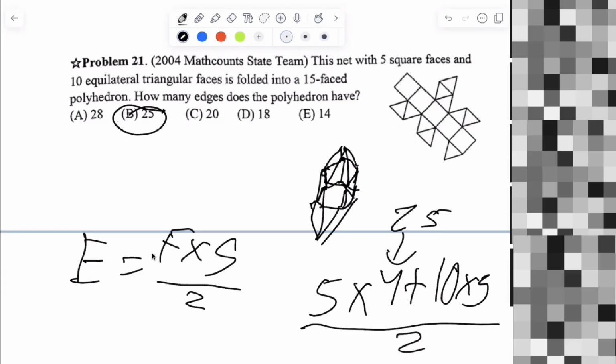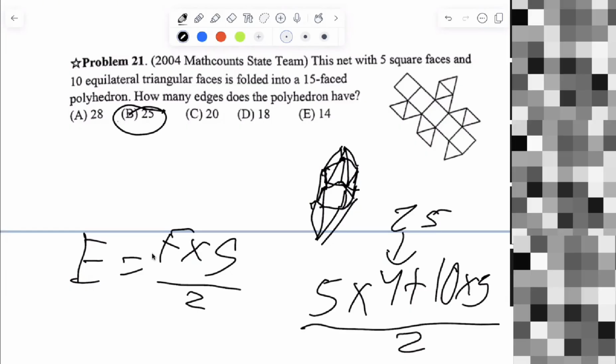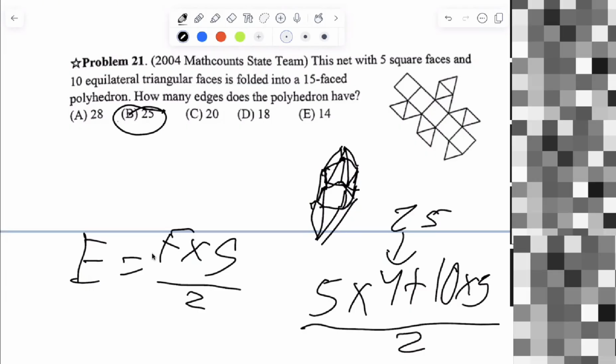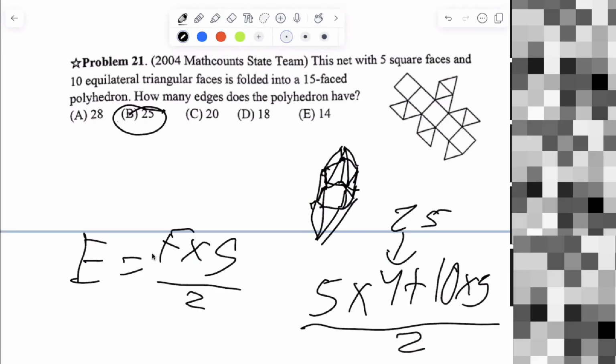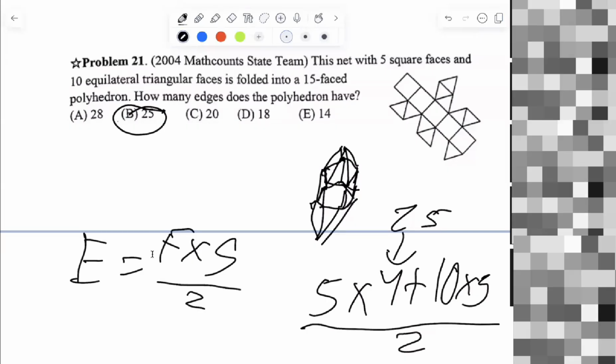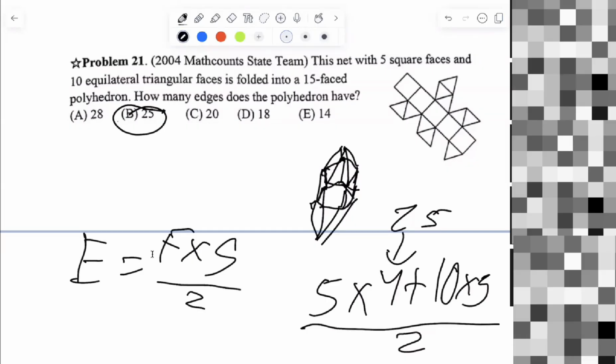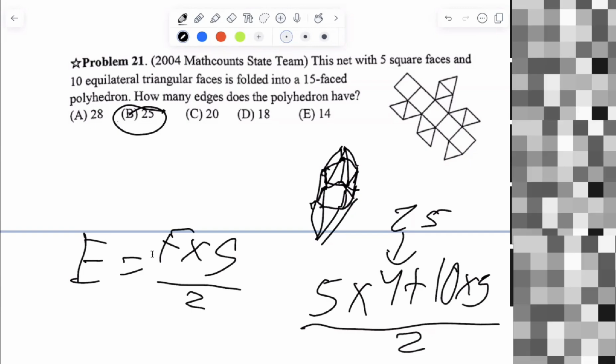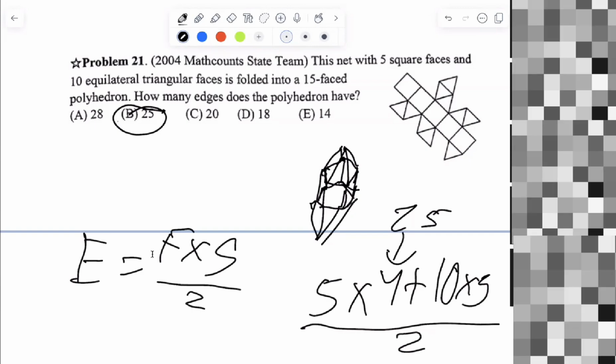In this case, it's not quite faces times the number of sides; we find the total number of sides in every single polygon, add them all up, and divide by 2 to find the number of edges. The answer to this question is B, or 25.